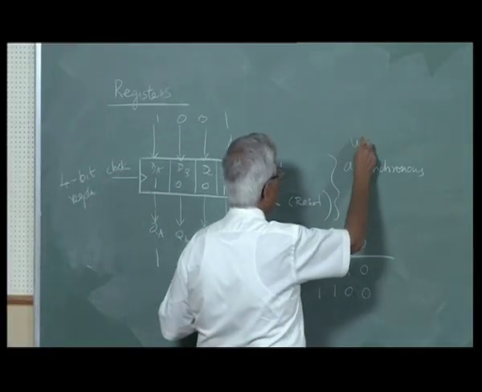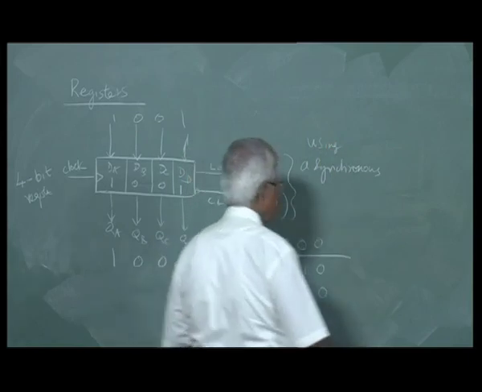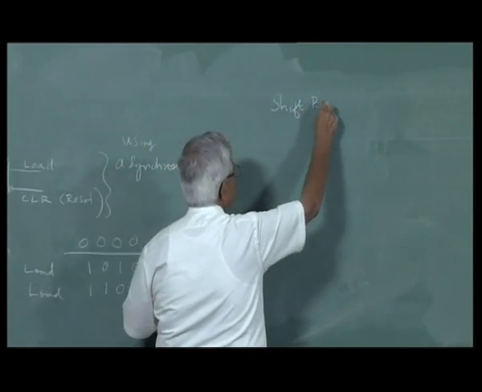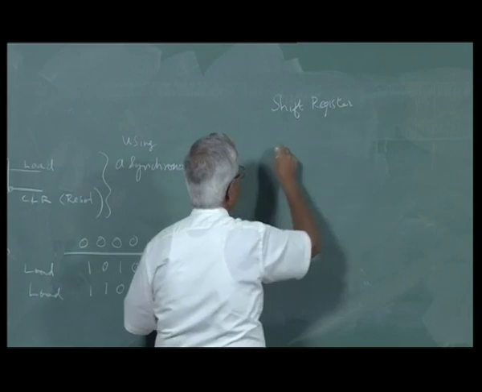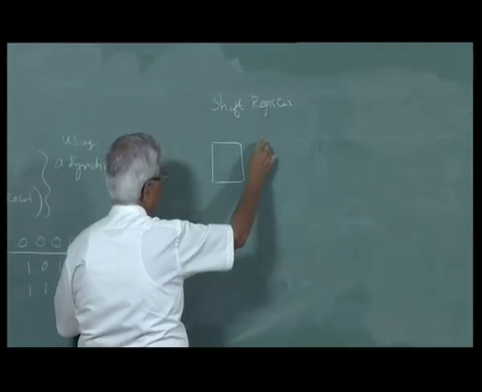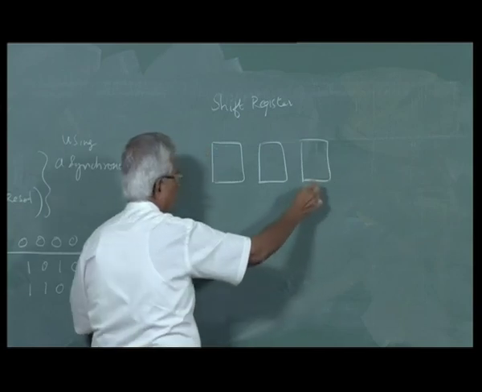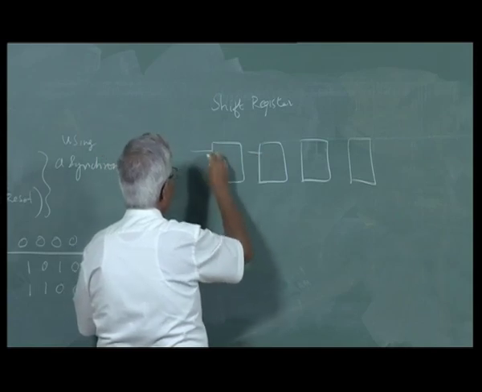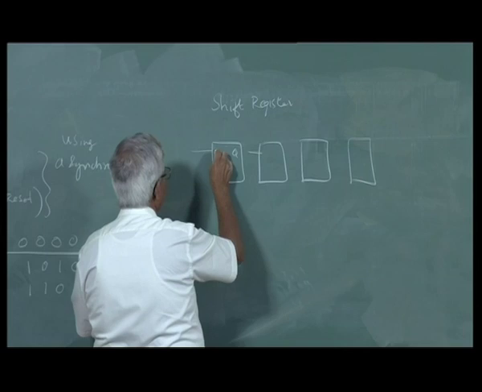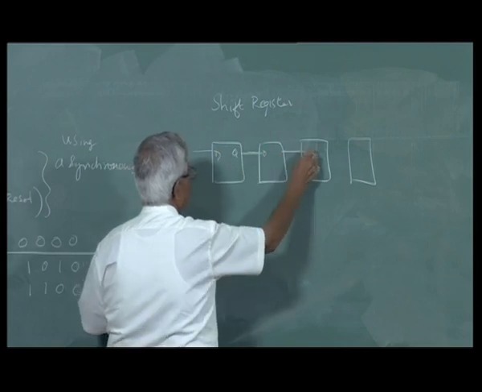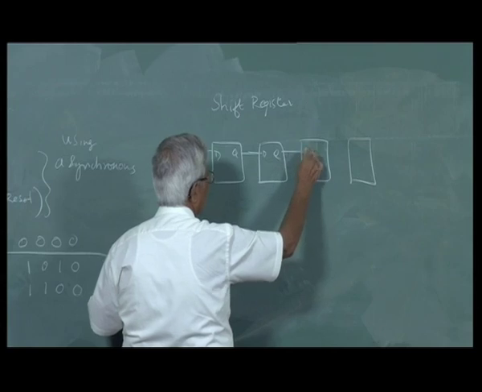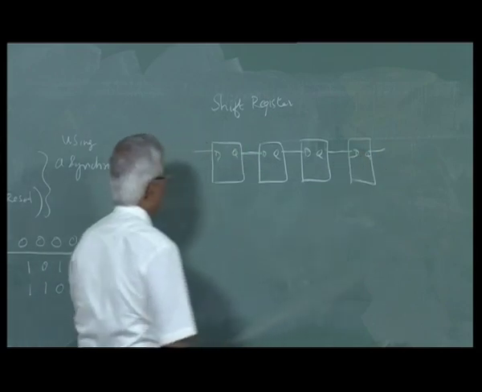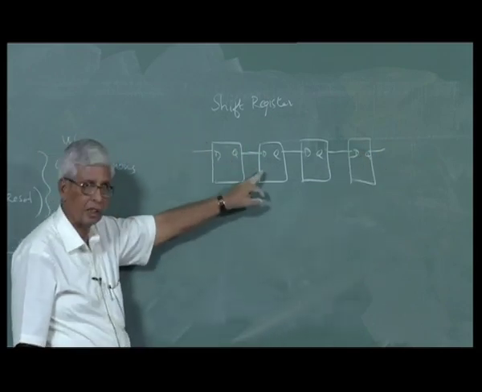Now from here you move to shift registers. A shift register is nothing but the same bunch of registers where the Q of one flip-flop goes to the D of the next flip-flop and so forth.